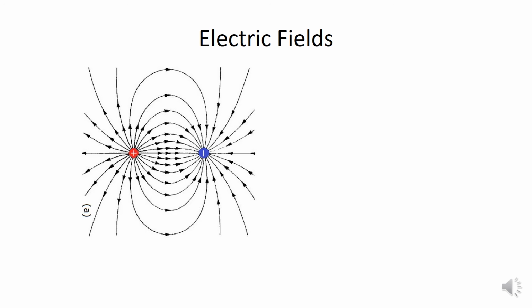So here we have a diagram that shows the electric field created when you have one positive and one negative charge. We said we have to imagine what would happen if we drop a positive charge into this picture. So let's drop a positive charge right into the middle. Well, it would be repelled away from its like charge, so it will be pushed away from the positive, and it will be attracted towards the negative.